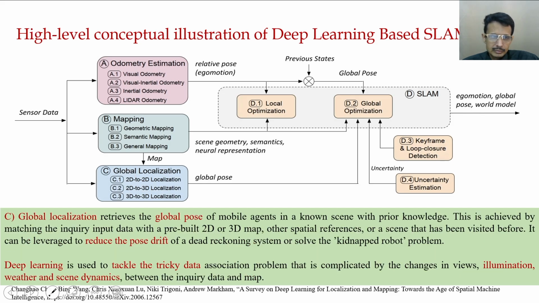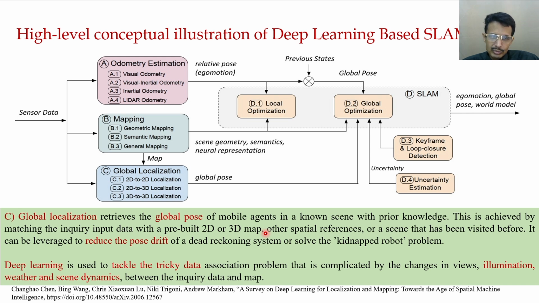So basically deep learning is used for different mapping techniques based on these situations. Then comes global localization. Global localization retrieves the global pose of mobile agents in a known scene with prior knowledge. This is achieved by matching the query input data with a pre-built 2D or 3D map, other spatial reference, or a scene that has been visited before.